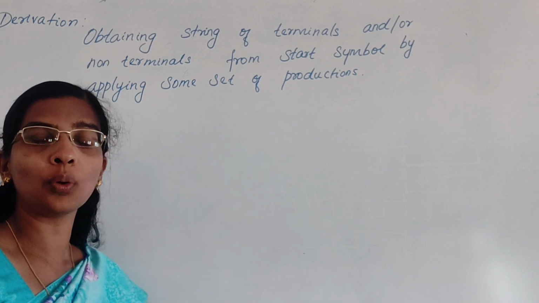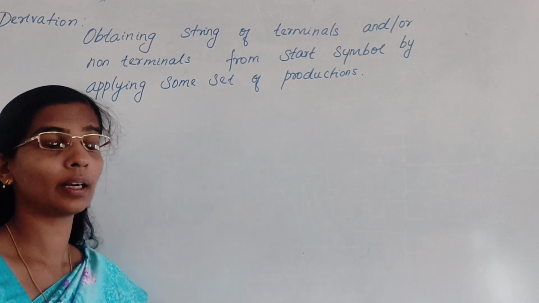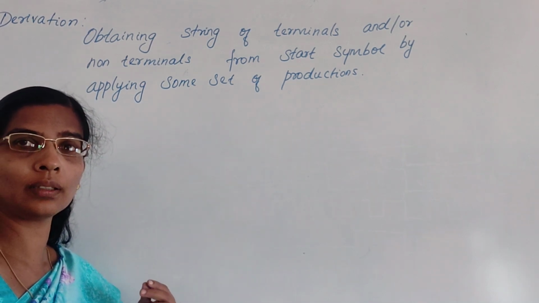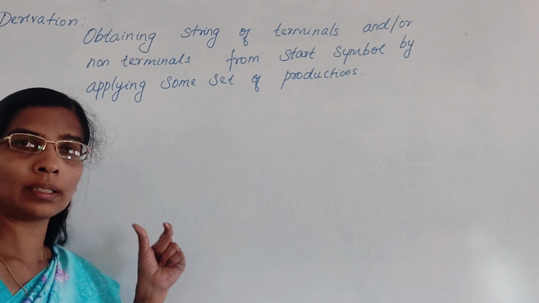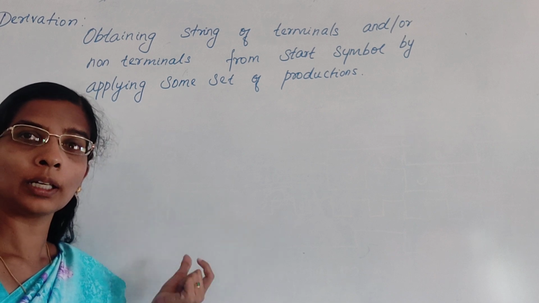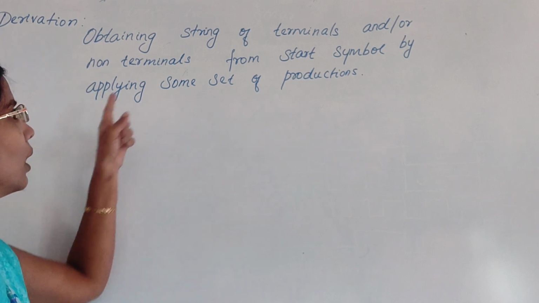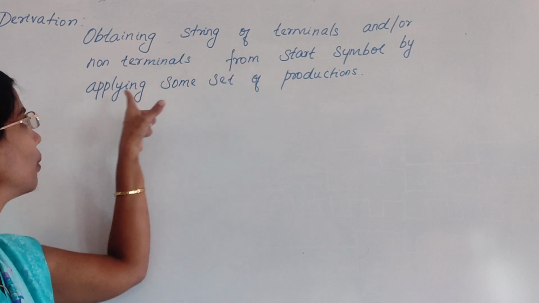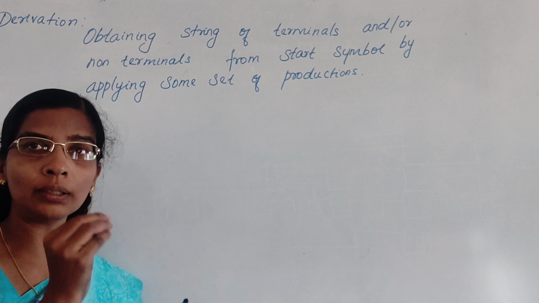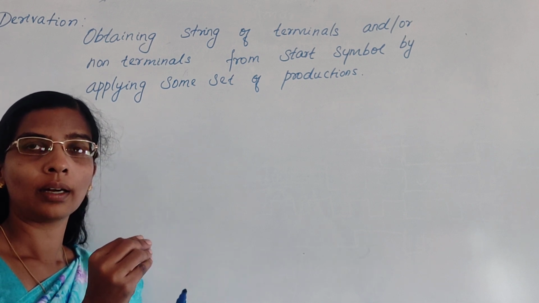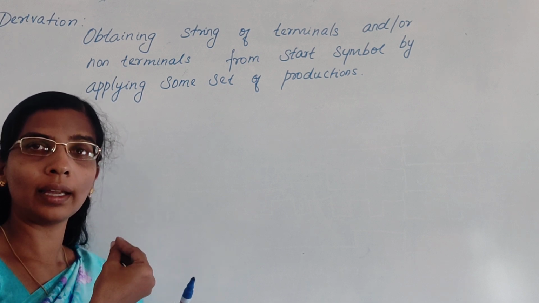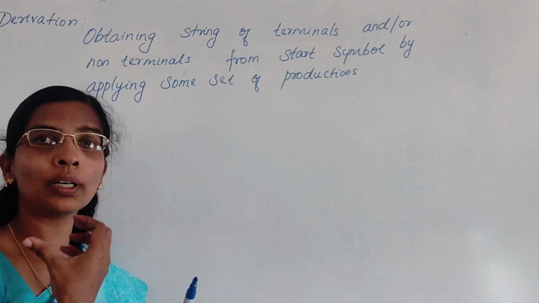Next we'll see what is derivation. So what is derivation? Obtaining a string of terminals, and my string can have only terminals, or it can have terminals and non-terminals, from the start symbol by applying some set of productions. I should start with my start symbol, and I should apply some productions so that at the end I get a set of terminals.